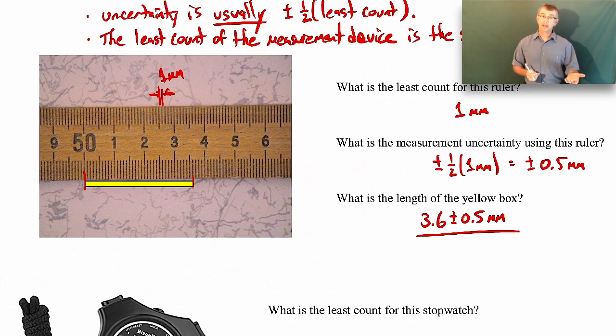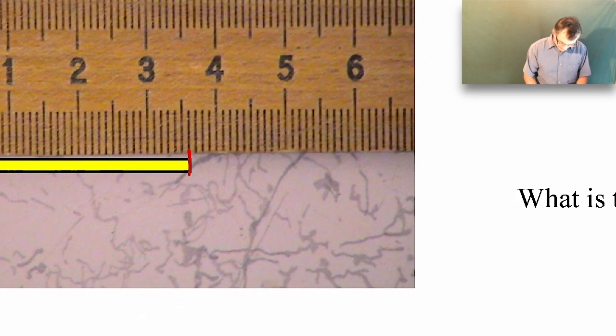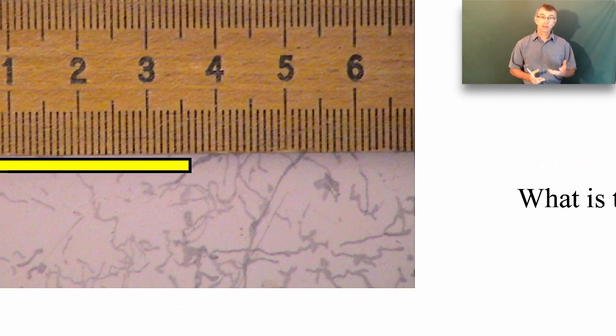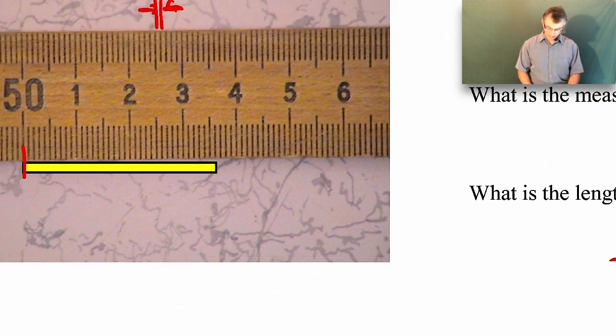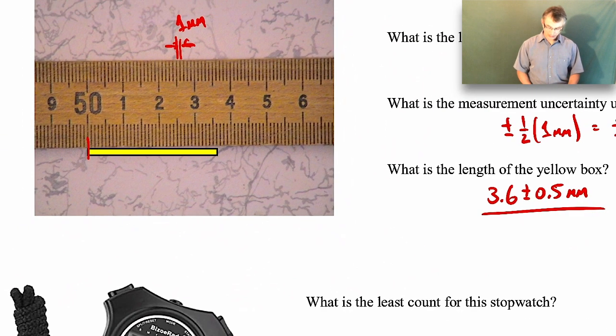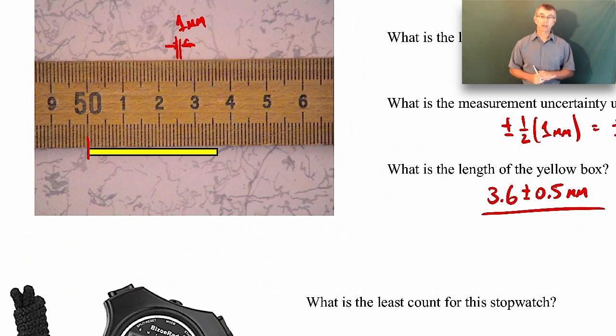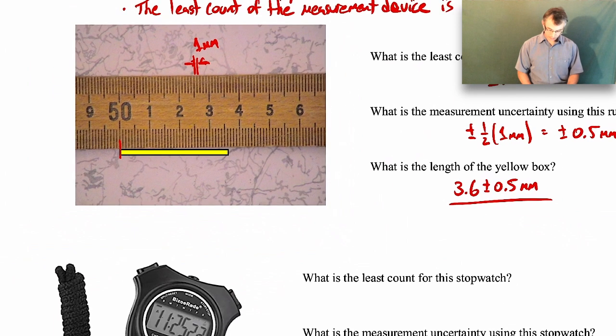It could be 3.55 millimeters or 3.65 millimeters, somewhere in that range. I don't exactly know precisely what it is. If I zoom in closely, let me erase my mark. It looks like it's actually maybe a little bit more than 3.6 millimeters if you look closely at that. I just can't tell very accurately. So I just know it's somewhere in that range between 3.55 and 3.65 millimeters. So that's how we report that uncertainty.